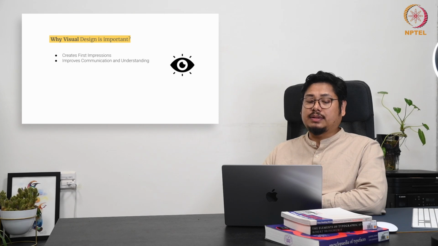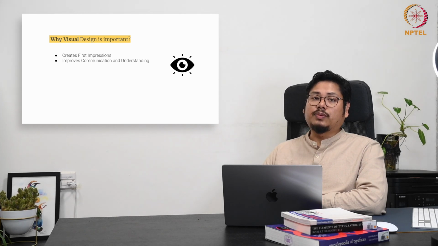Again, the way we perceive visuals is also correlated to the idea of communication, right? A good design will definitely create a lasting impression, and through that the communication will be retained.